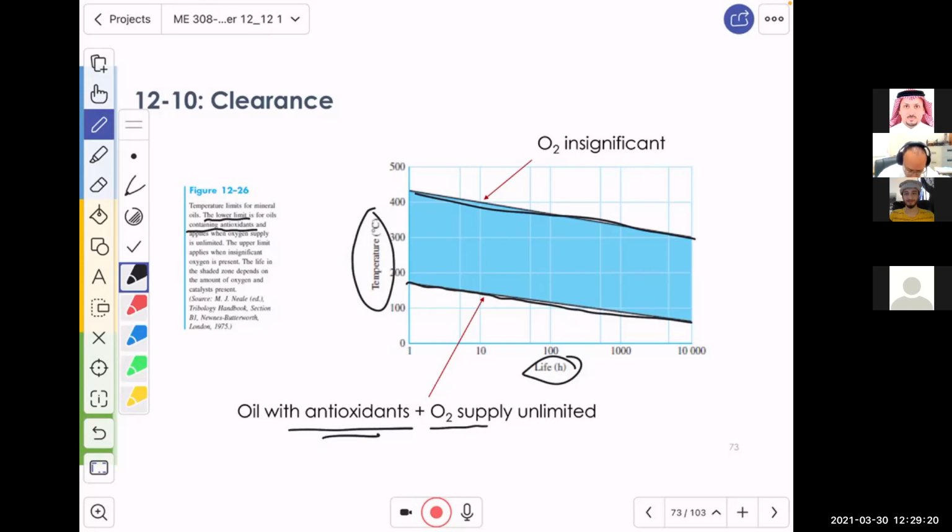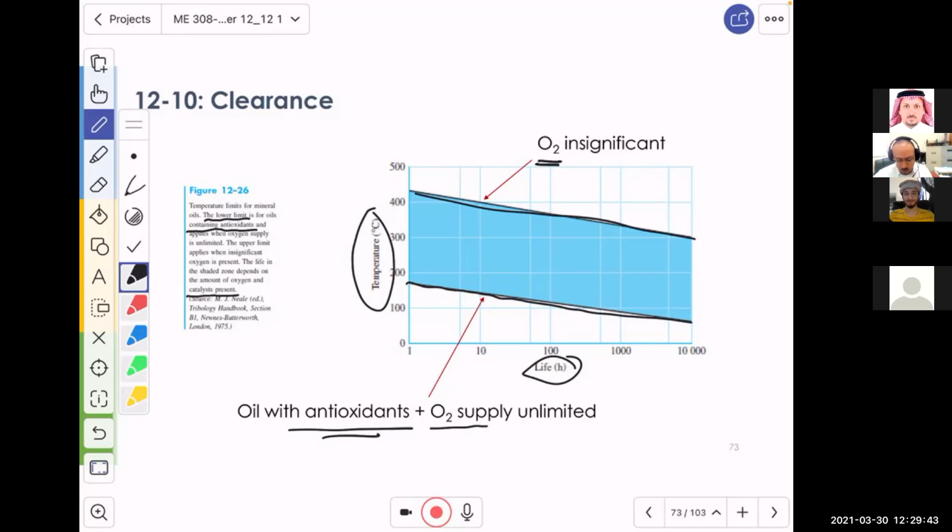There is also the fact that the life would be affected not only by the presence of oxygen, it will also be affected by the presence of crystals. These crystals might come from the changes in the temperature and they form inside the film.